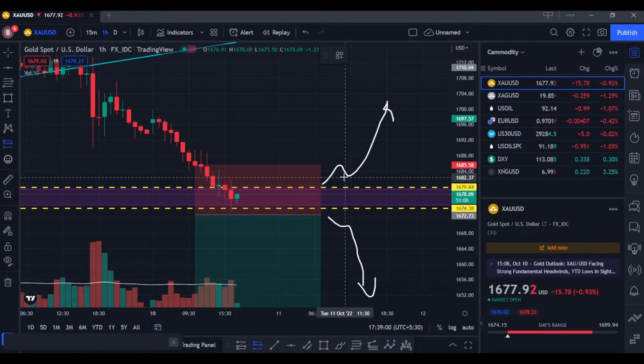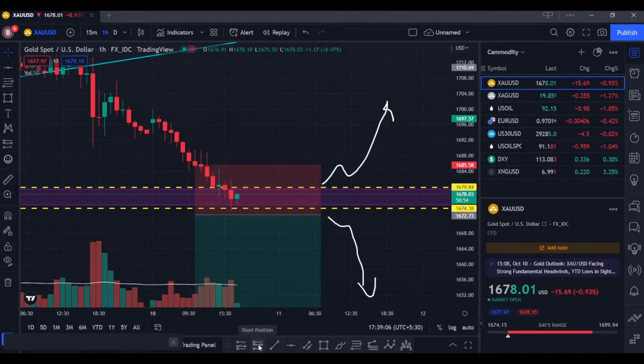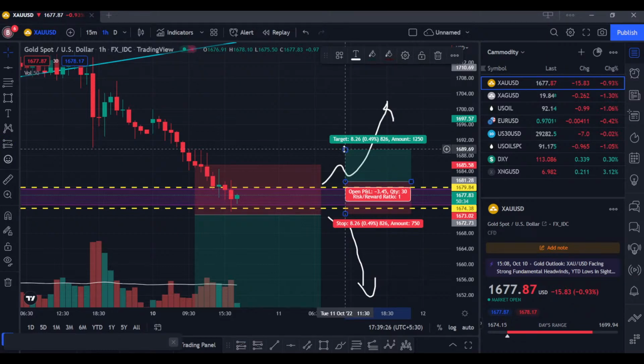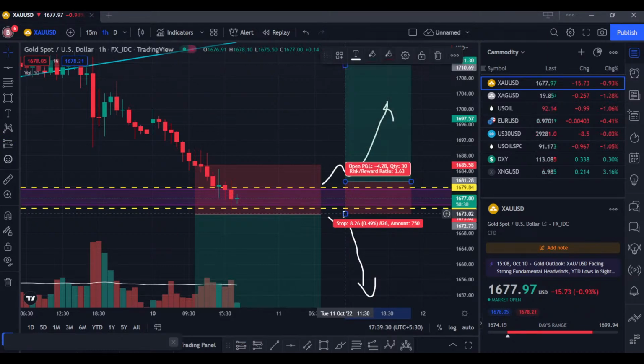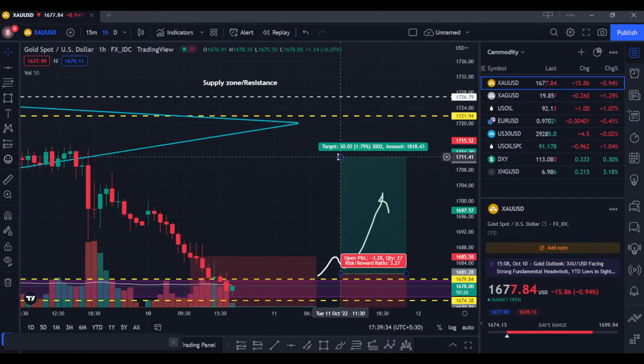Then we will place our trade at that level. Now we'll place our trade at that level 2, and our TP and SL will be at that place.